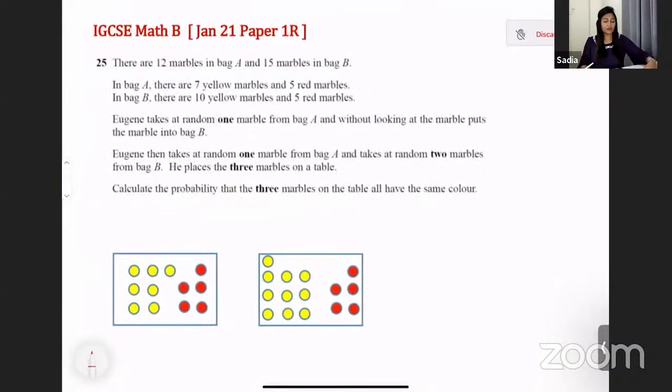So this is a question of IGCSE Mathematics B, Jan 21, paper 1R. So this one is from this chapter probability, number 25 from Jan 21, paper 1R.